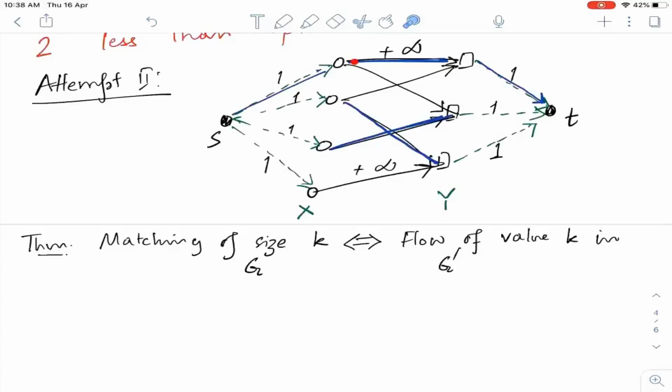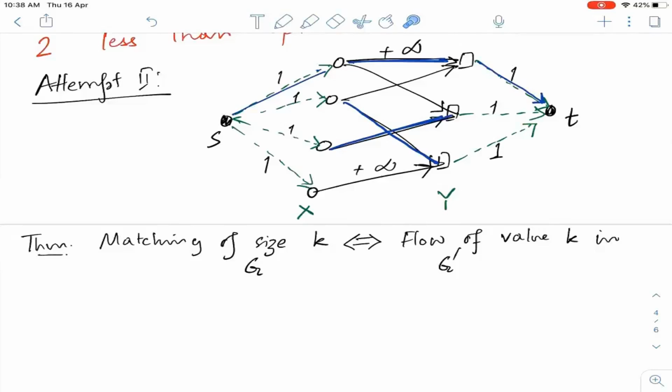Similarly, an outgoing edge from anything out of Y has a capacity of 1. So there is no way that you can have 2 units of flow coming into X or flowing out of Y, which means that each of the vertices will have 1 unit on them. So that again gives you a matching of size k in this graph.